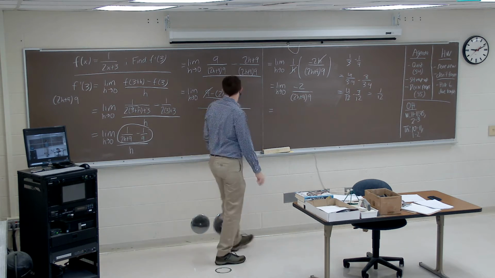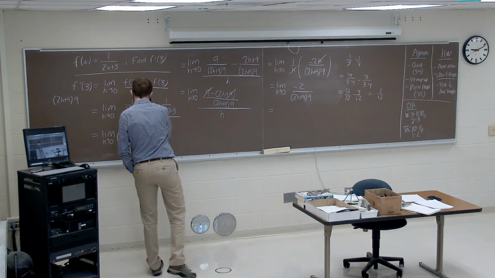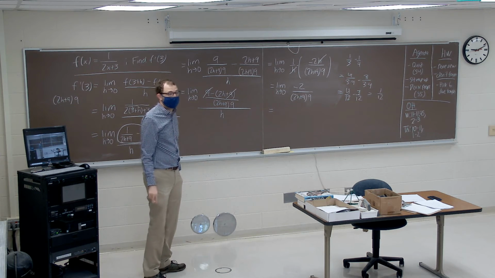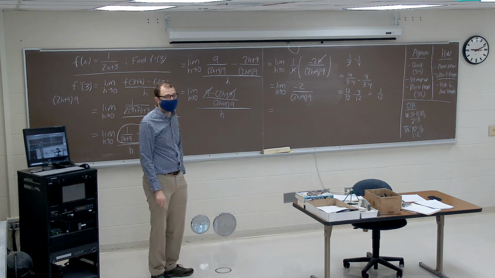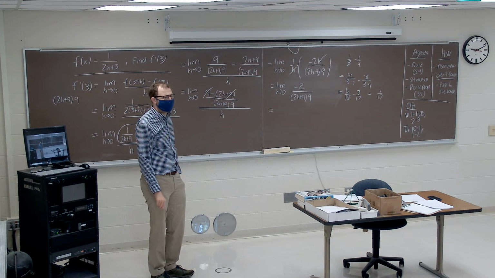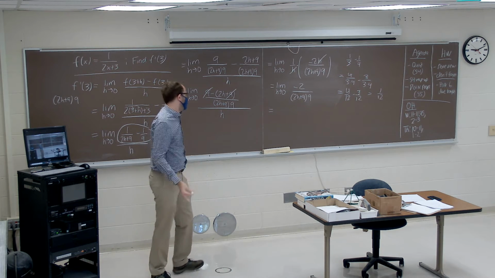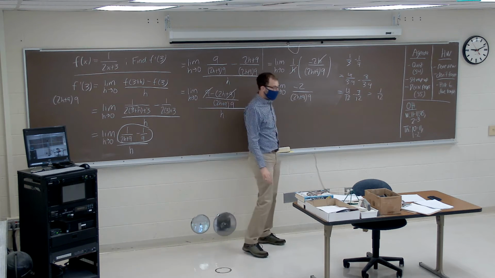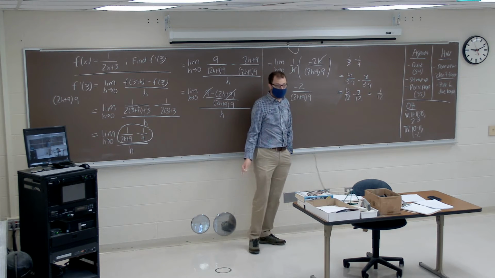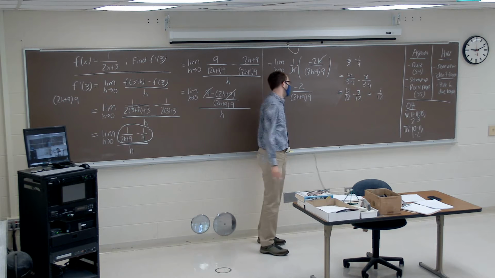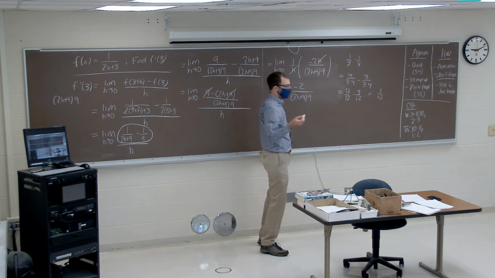This is looking a lot better than it did back at this step. What can we do from here? Plug in 0 for h. At this point, if we plug in h equals 0, we're no longer going to get division by 0 because of this plus 9 and times 9 term.